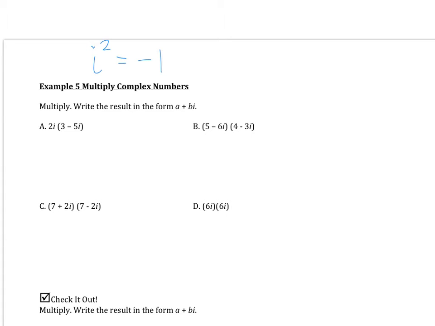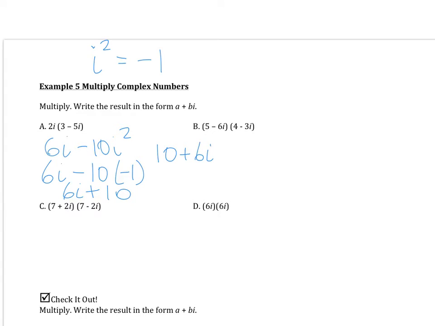So the first thing I'm going to do is distribute. And then recalling the fact that i squared is -1, it's 6i plus 10, and we rewrite 10 plus 6i.